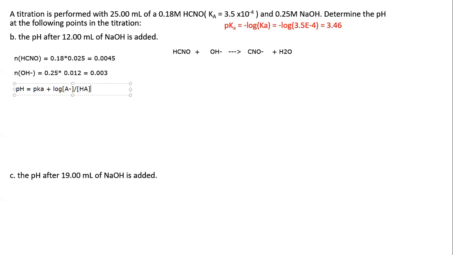And again, the way I know it's in the buffer region is because the moles of strong base is less than the moles of weak acid. So we're going to set up our ICE table.